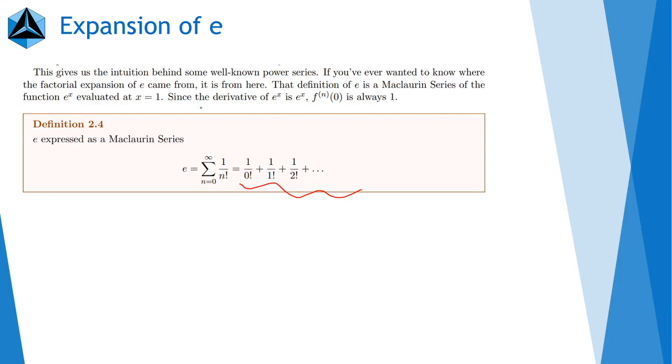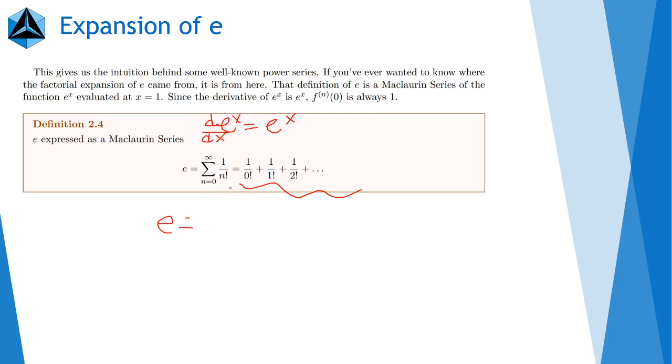And the intuition behind this is that the derivative of e to the x is always e to the x. And so in that case, if we let x equal 1 in the Maclaurin series of e. Sorry, so the derivative of e to the x is always equal to e to the x.